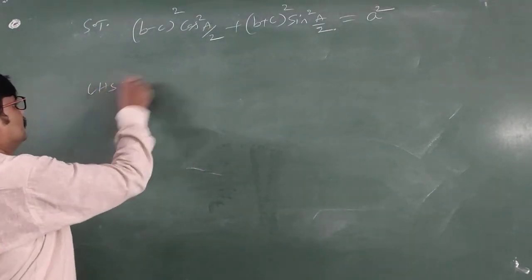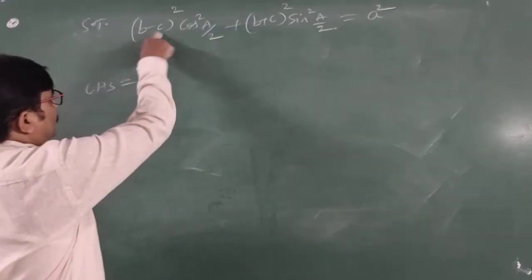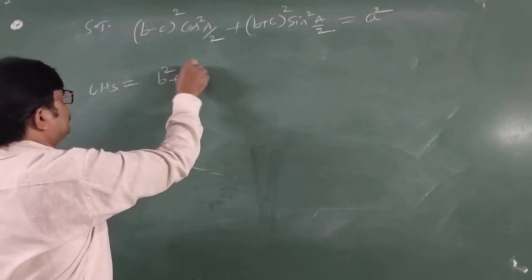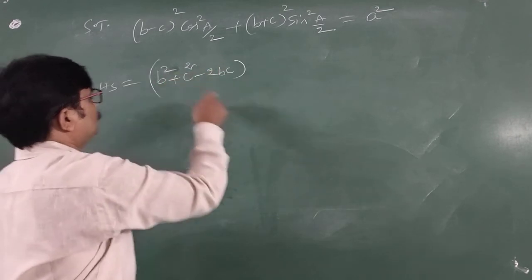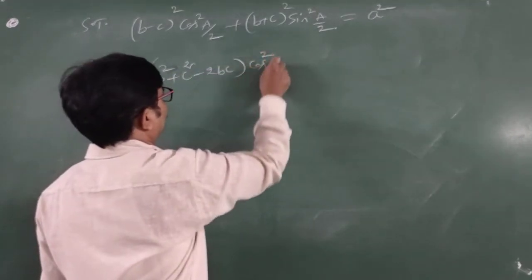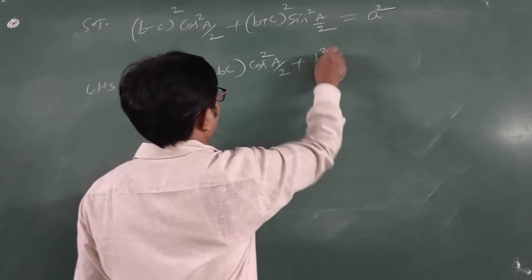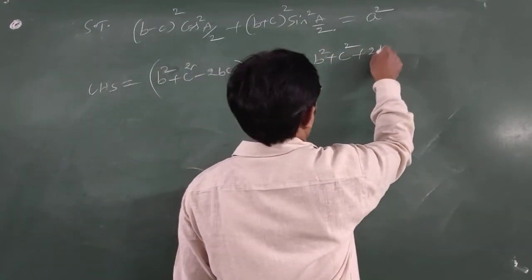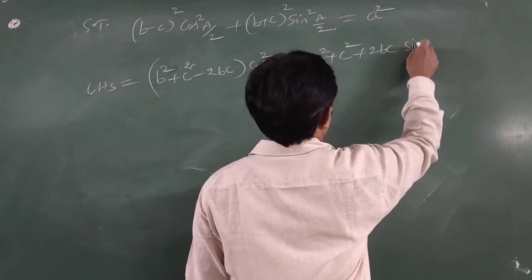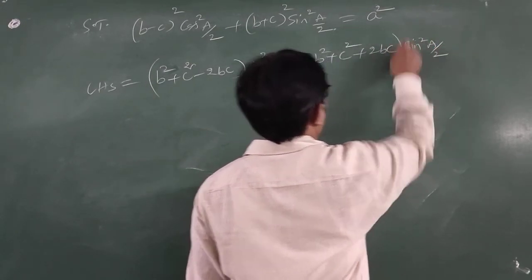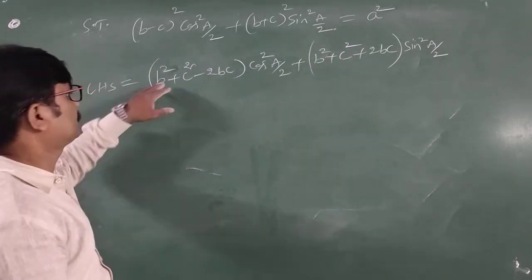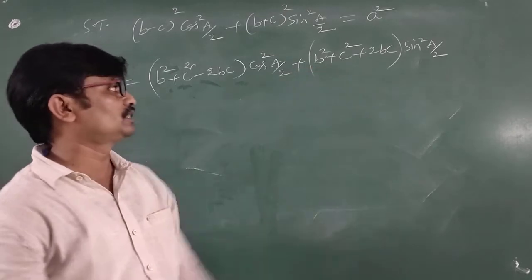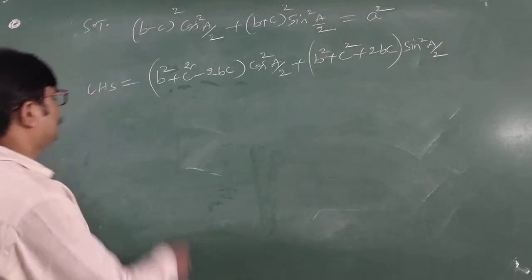Now this is, students, (b square plus c square minus 2bc) into cos square A by 2, plus (b square plus c square plus 2bc) into sin square A by 2.